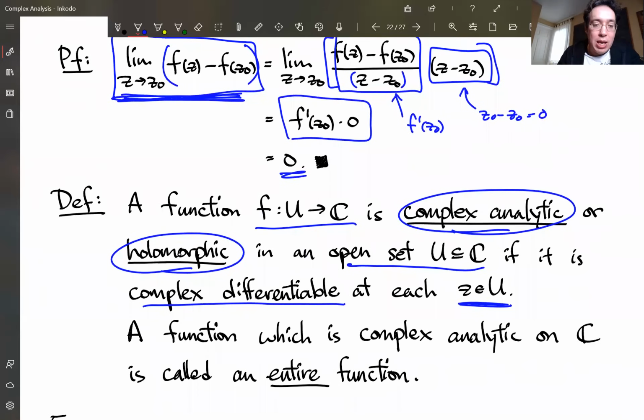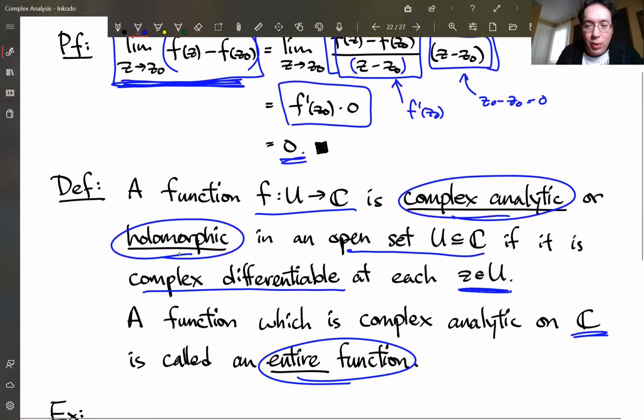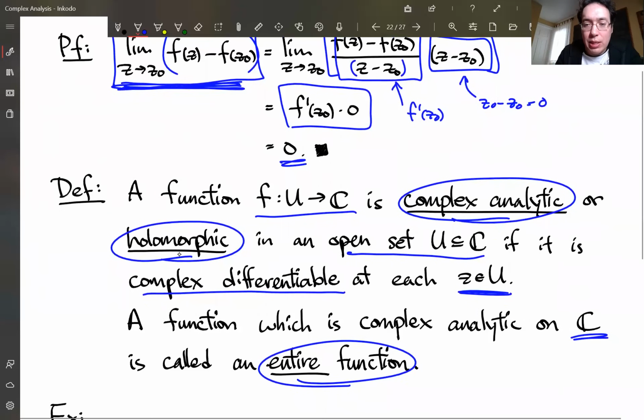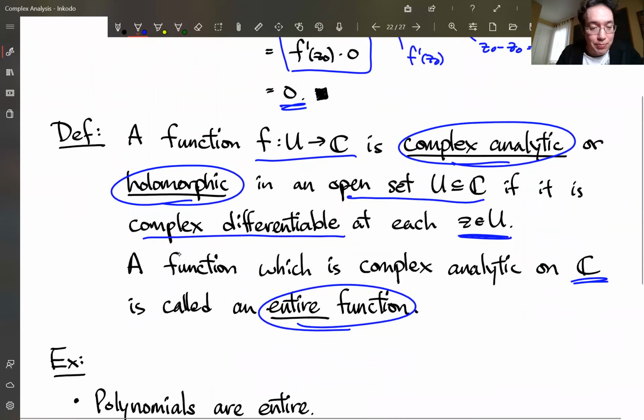And furthermore, if the function is complex analytic in the whole complex plane, then we call it an entire function. So this notion of complex analytic is slightly stronger than just being differentiable at one point. It's differentiable in a small patch of points, at least.